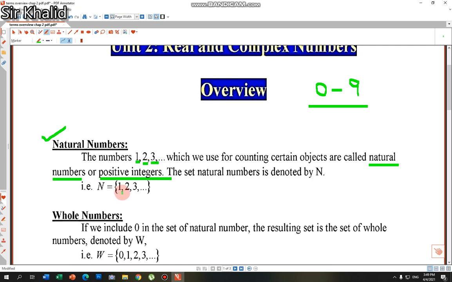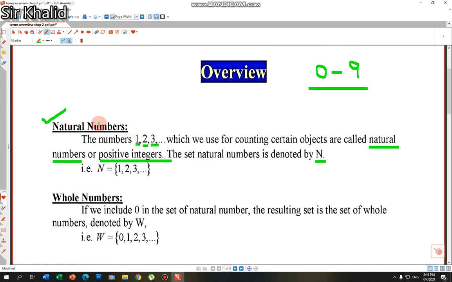The set of natural numbers is denoted by capital N. So N is equal to 1, 2, 3, and so on.